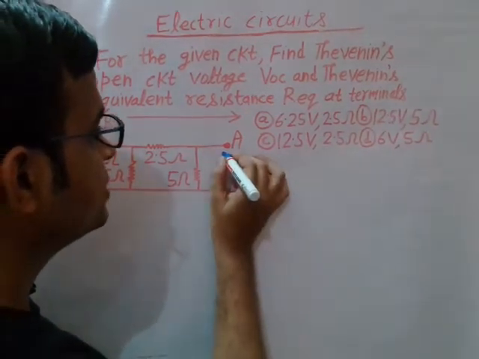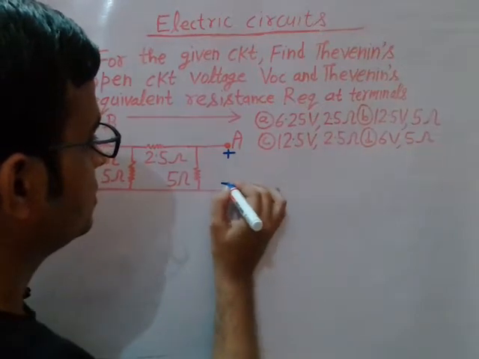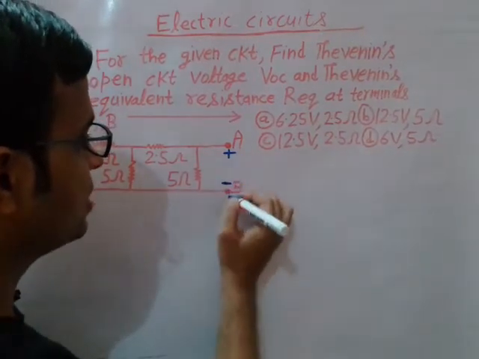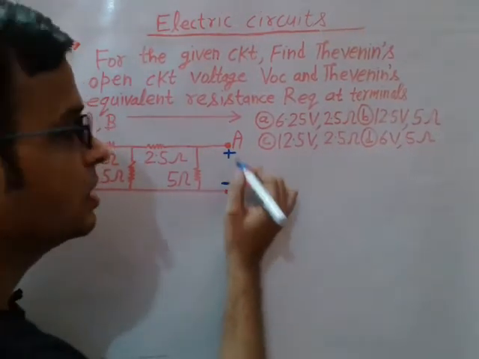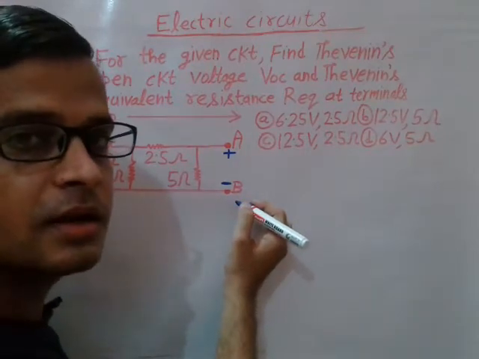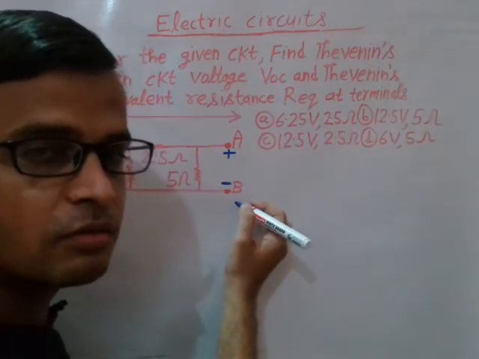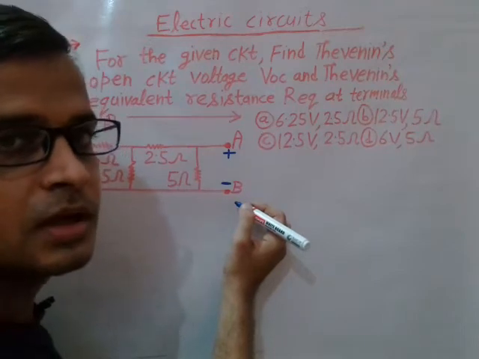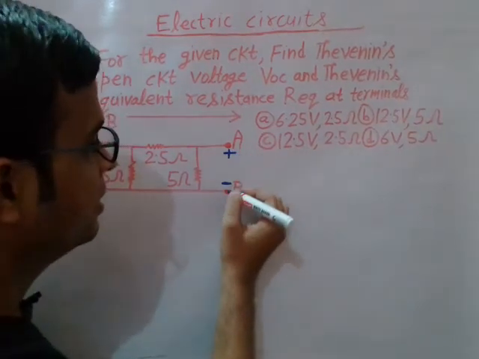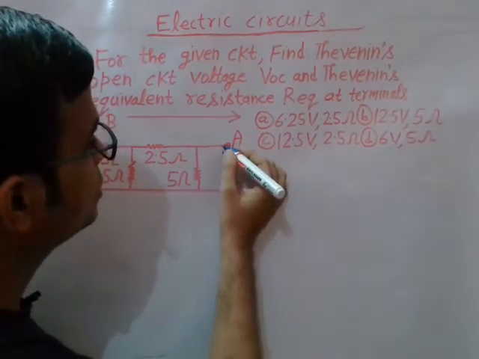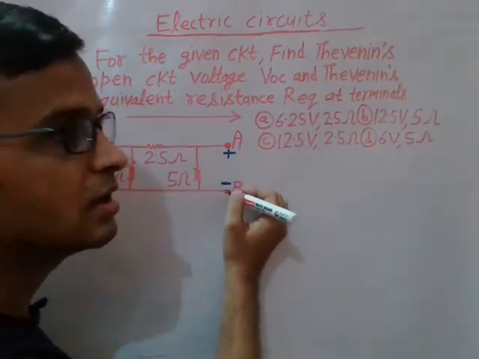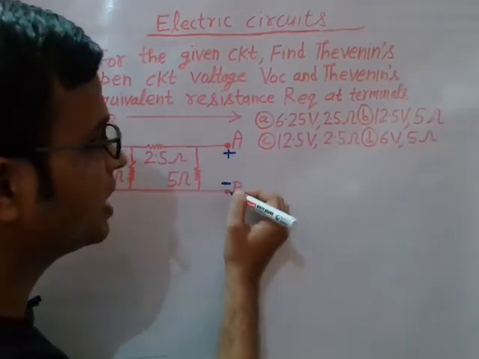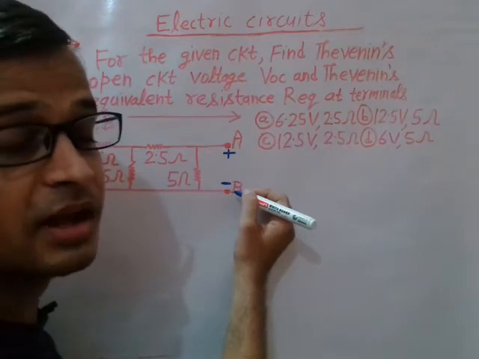Across this open circuit, that means across A and B, will you find current or will you find voltage? Definitely you will find voltage, because across the open circuited terminals A and B you cannot find the current, you can only find the voltage.